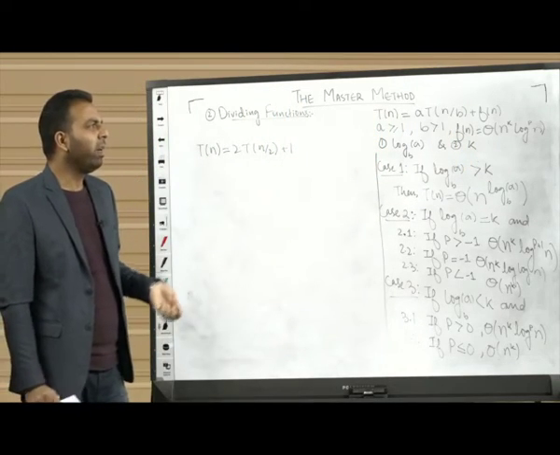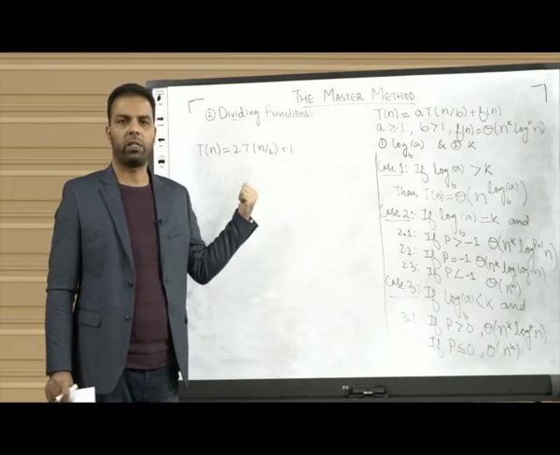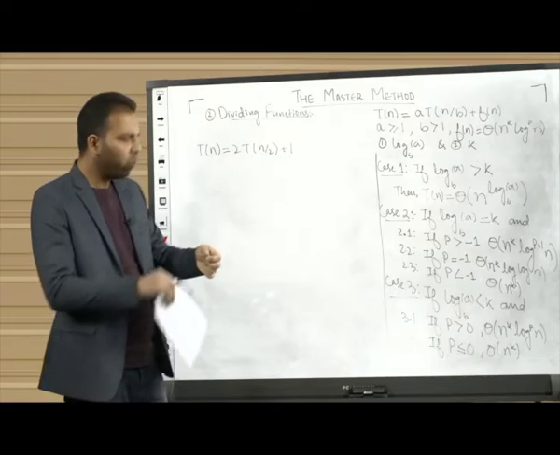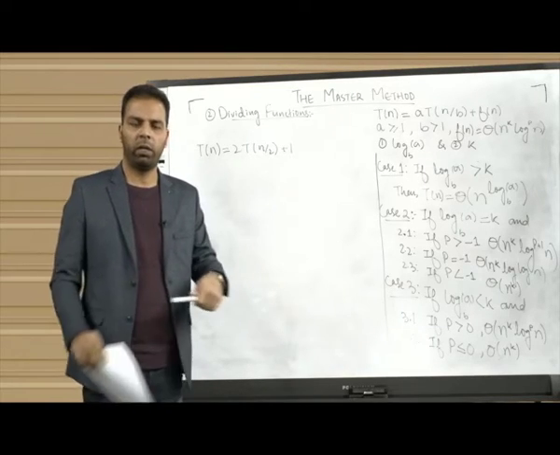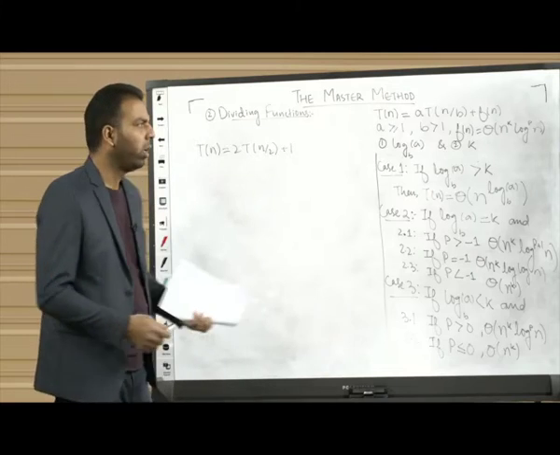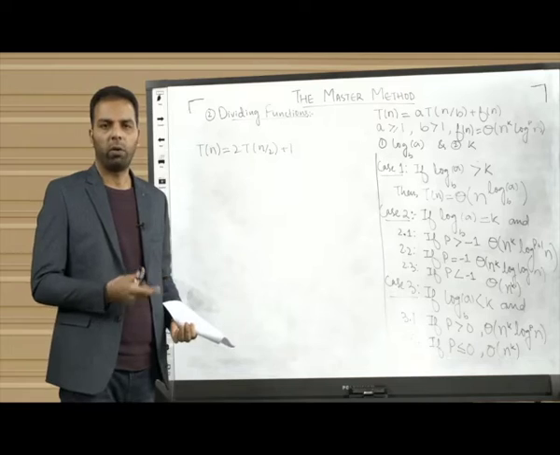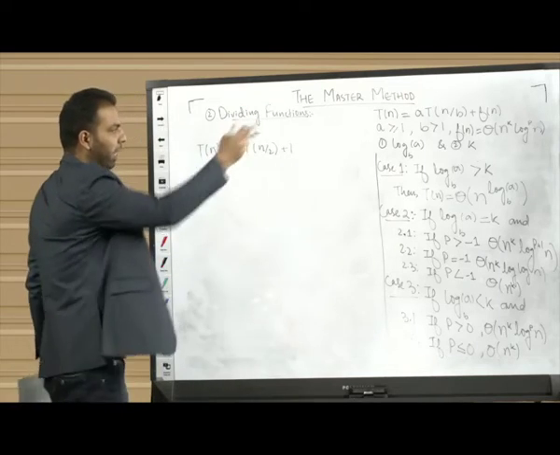You might be thinking that it's not necessary that every time we'll be having a log in our recurrence. So what happens at that time? At that time you can keep p as 0. Anything raised power 0 is 1, so that term will vanish. So you can use log raised power 0 n in order to match it with that.